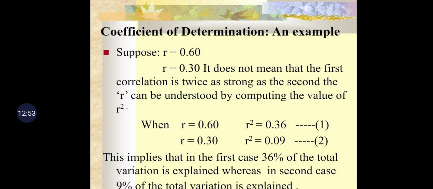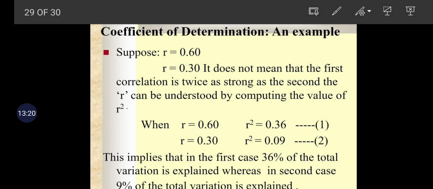Some examples: suppose r equals 0.6 or r is equal to 0.8. This does not mean that the second correlation is twice as strong as the first, which can be ensured by computing the value of r square. So the r square value, in equations 1 and 2, we have to simplify this value.